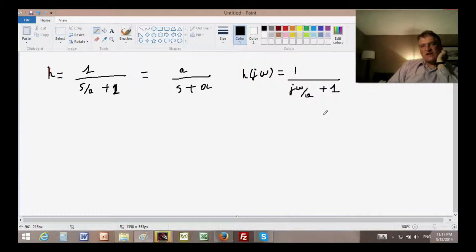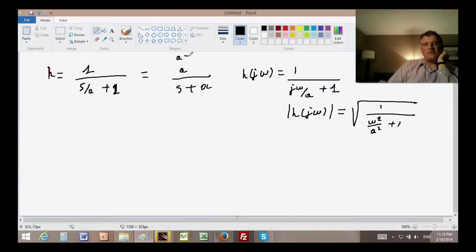For example, h of j omega to get the gain would be simply the square root of 1 over omega squared divided by a squared plus 1. Oh, by the way, I assume a is greater than 0, to make matters simple. That would be one way to go, but it's kind of painful and carries very little insight.